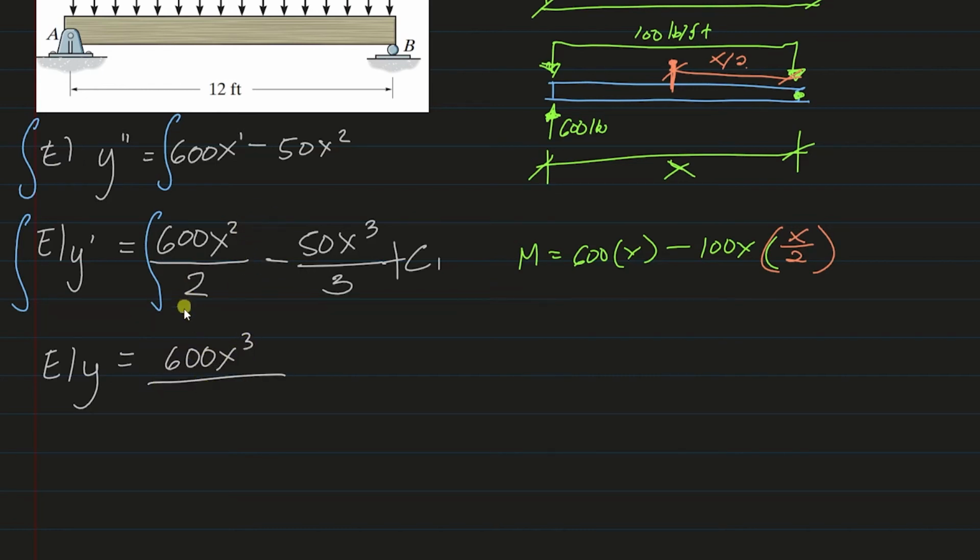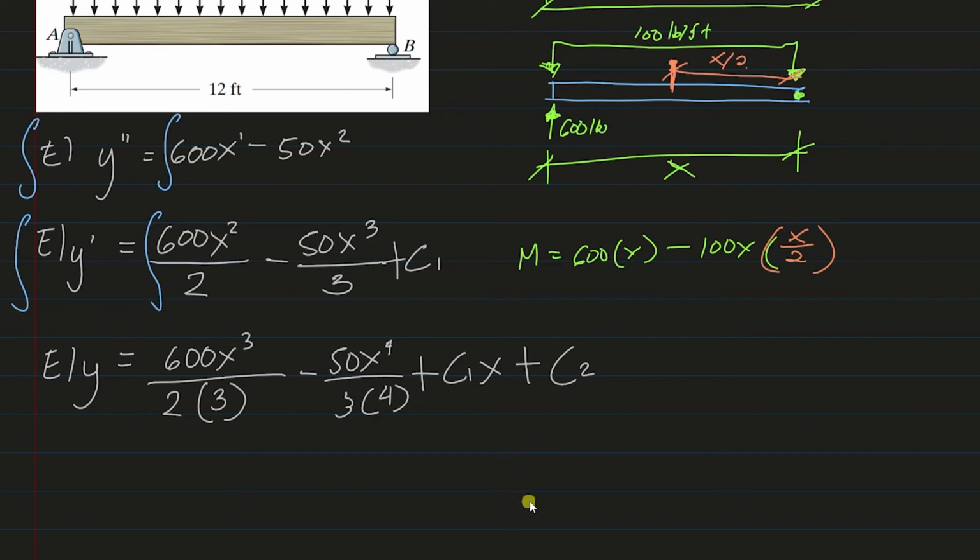Now, meron pa rin yung 2 doon sa baba, pero yung 3 na yon, ibaba na lang natin. Minus 50x, 3 plus 1 is 4. And we need to multiply to that 4 plus yung C1, magiging C1x na lang. And then, because we did another integration, we will need to include another arbitrary constant. And that will be C2.